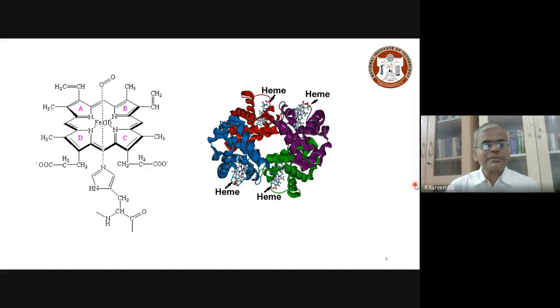Here, in the case of hemoglobin, it exists for a long time. If you know when the first human was born, on that day this compound was born. So on that day this coordination compound was also born.